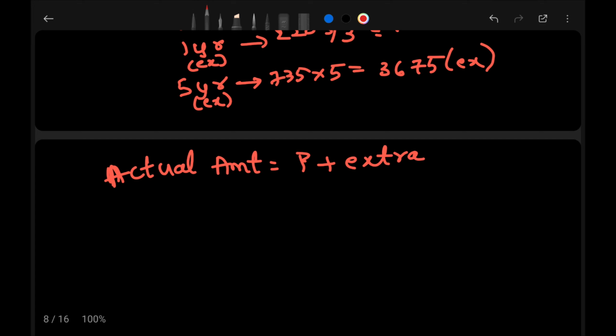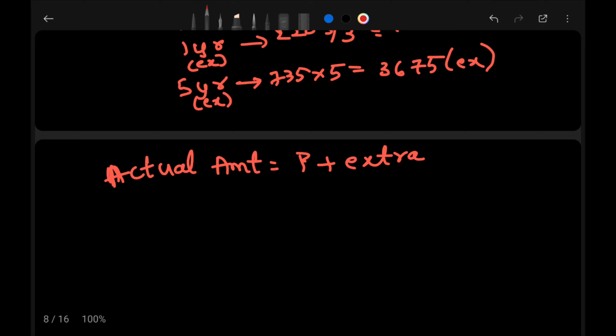Here I know the actual amount after 5 years is 9,800, which is equal to principal amount plus extra, which I got as 3675. So now the principal amount is going to be 9,800 minus 3675, which is 6125.